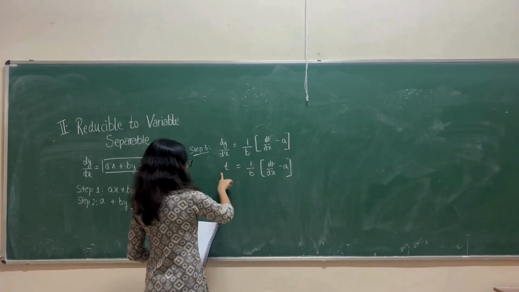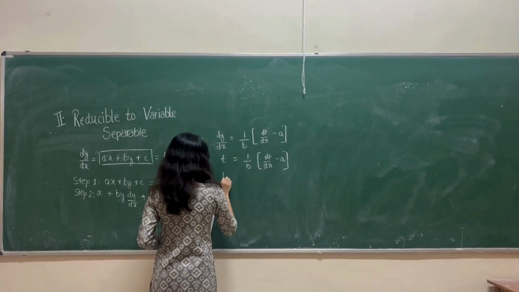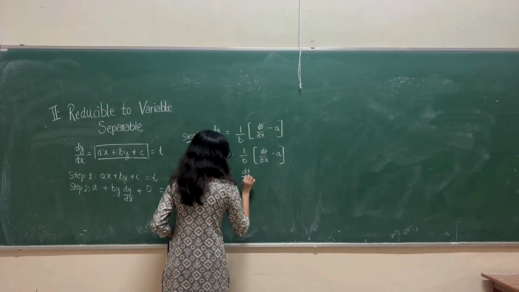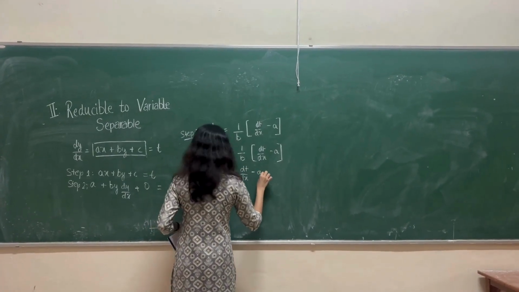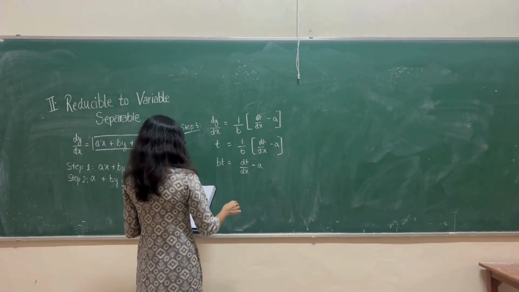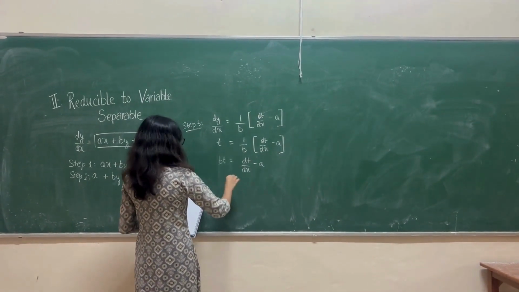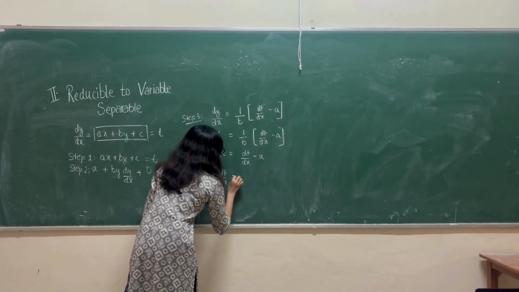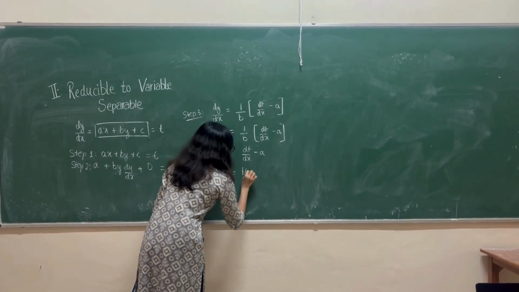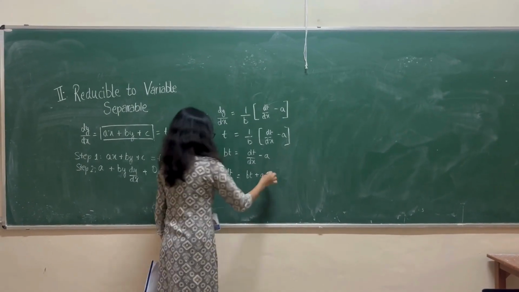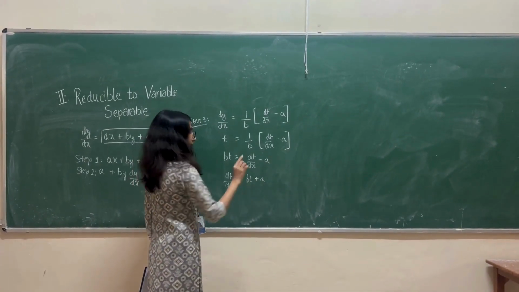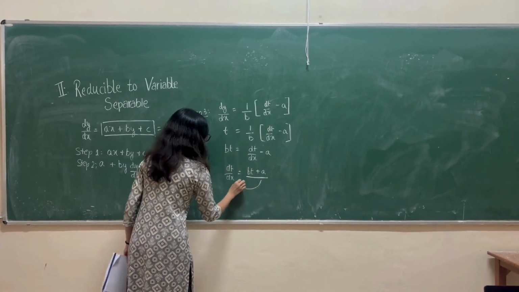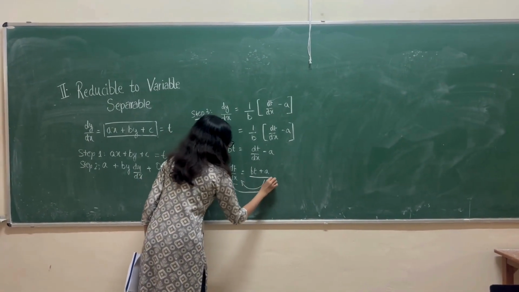Now we can bring b on the other side and we're left with bt is equal to dt by dx minus a. When we bring a on the other side, we get dt by dx is equal to bt plus a. And then we can move this part of the equation to this side and move dx on this side.